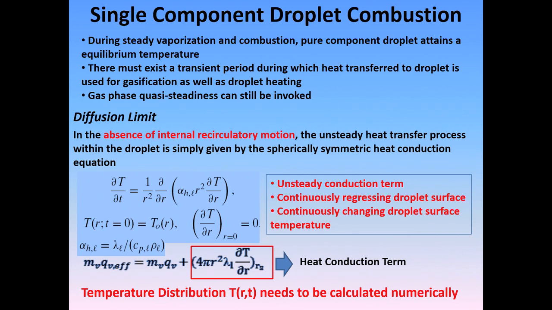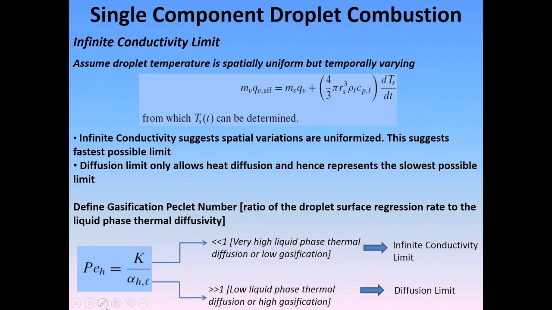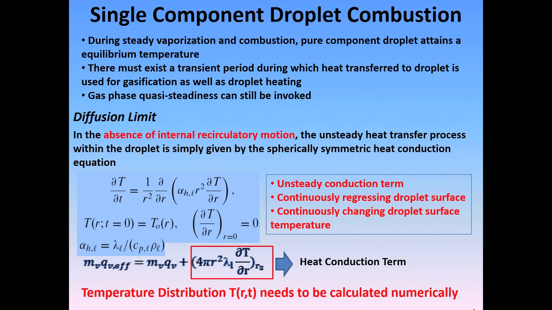So, this is we already put forward in writing that this is basically the unsteady conduction term, okay, and this assumes a continuously regressing droplet layer, and this is the corresponding conduction term of the heat that is actually transferred within the droplet core.